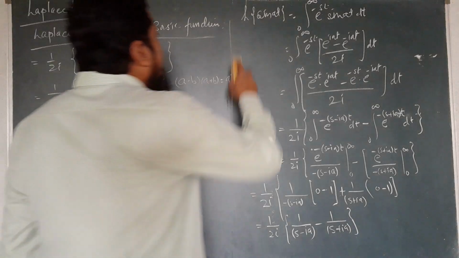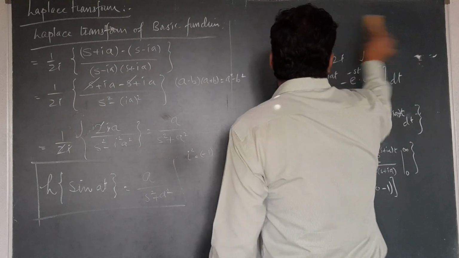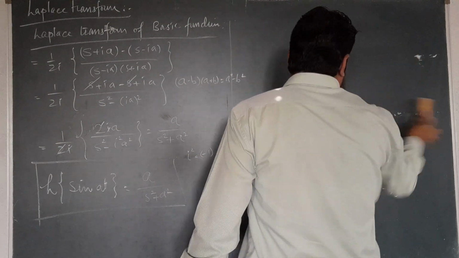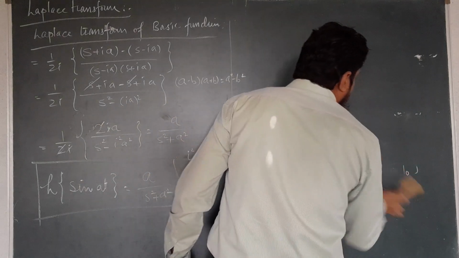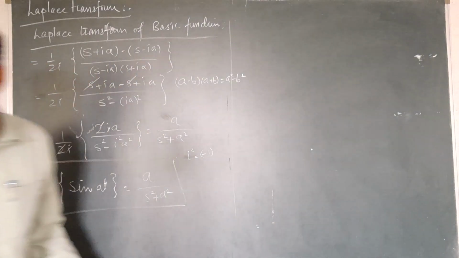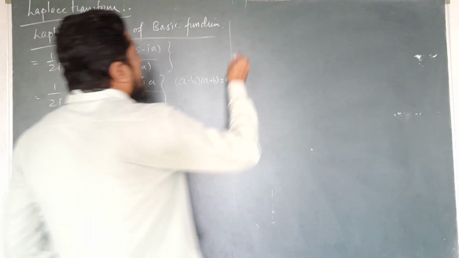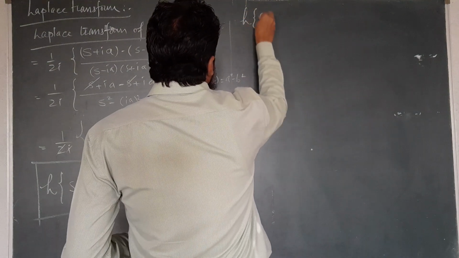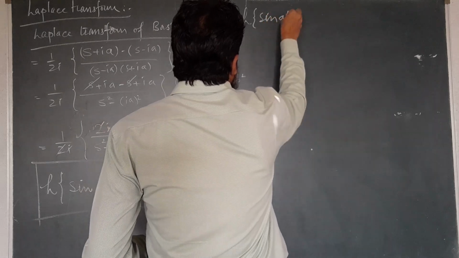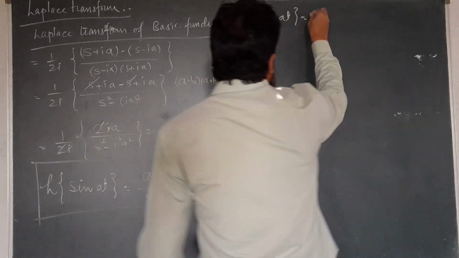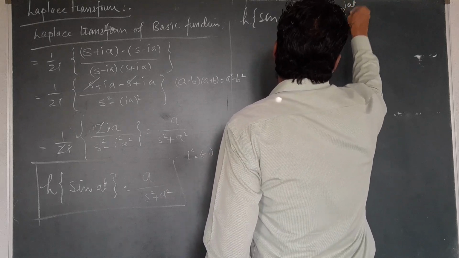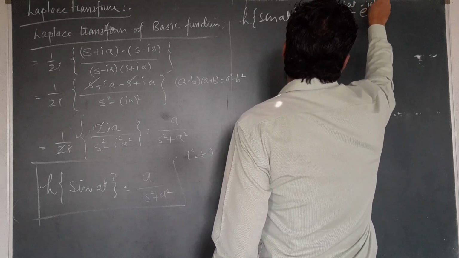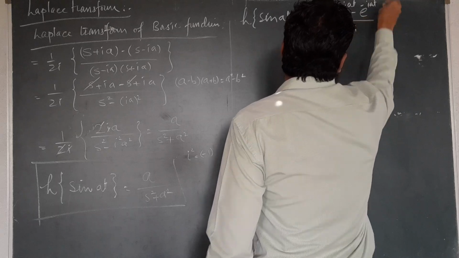And one more easy method to find the Laplace transform of sin at is as follows. Let's see that the Laplace transform of sin at means the Laplace transform of e raised to iat minus e raised to minus iat upon 2i, correct?